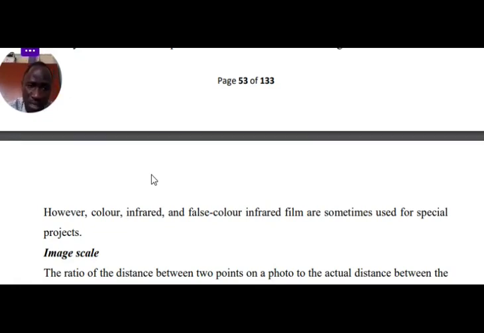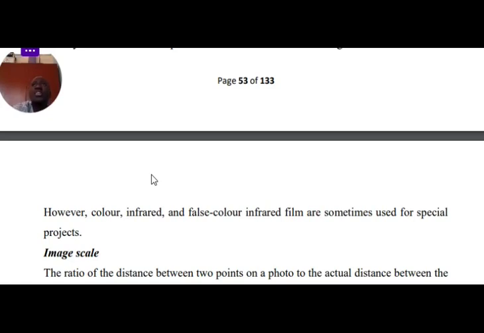And also, we only view the tops of those objects. It does not capture everything, but what it captures is the information above it. In other words, they just capture the tops of buildings or trees.